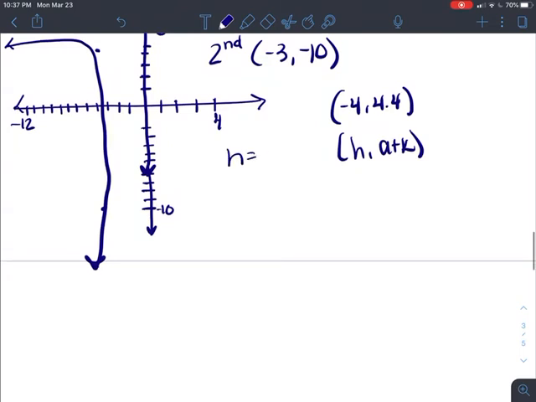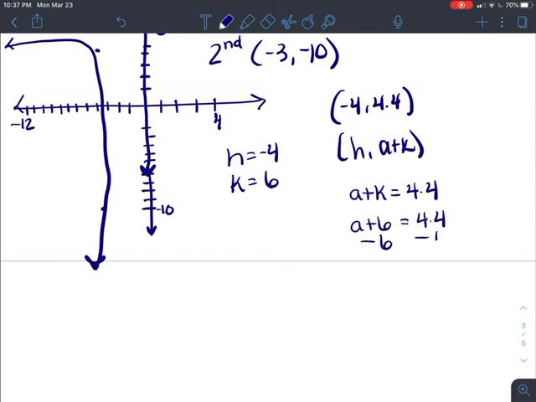So h equals negative 4, k equals 6, as they told us that the asymptote is 6. Okay, so I can use the fact that a plus k equals 4.4. So I can use a plus 6 equals 4.4. Subtract 6 from both sides. I get a equals negative 1.6.